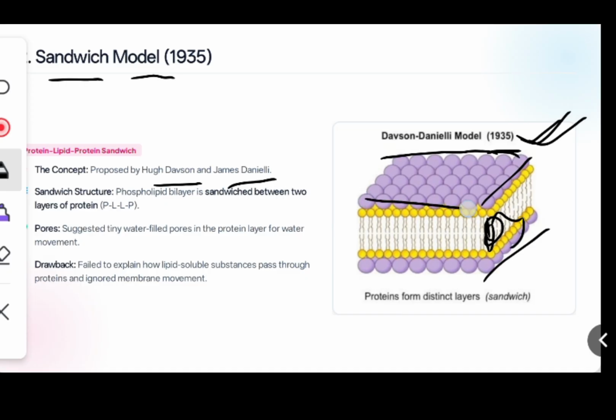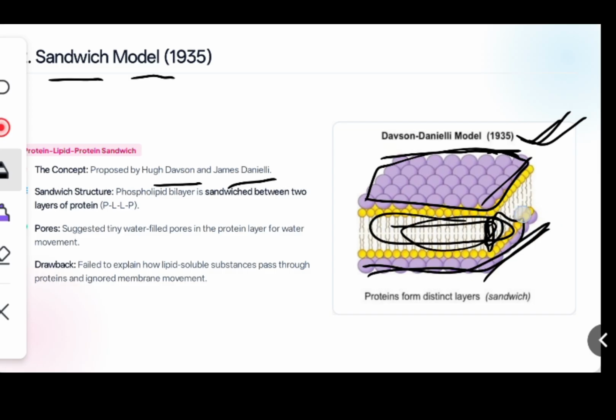This outer layer is a bread. This inner layer is also bread. In between the two breads, the stuff is the phospholipid. So this phospholipid bilayer is the stuff between the two protein layers. The phospholipid bilayer was sandwiched by two protein layers, so it is named the sandwich model.